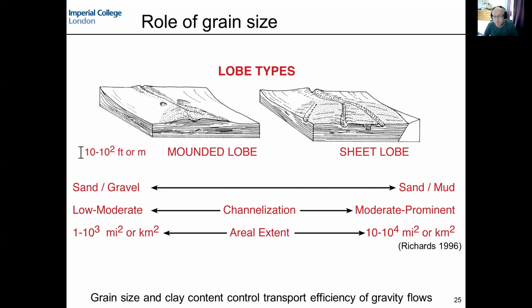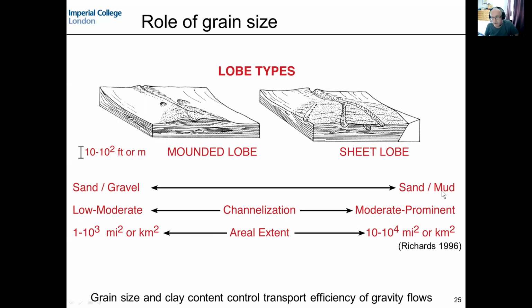We can think about the same kind of effects associated with lobes. So again, we have a sandy or gravelly system on the left and a muddy system on the right. The key thing here is that in a sandy system, these lobes tend to be small. They tend not to be very wide and have small areas, and they have pronounced mounded relief at their top surface.